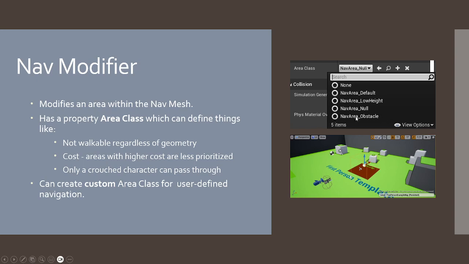Kapag obstacle, sa pagkalam ko, if there is no other way except through this nav area obstacle, it will actually try to go through that obstacle. Kapag walang way talaga. And you have default and null. Default is the usual. Null, talagang, I think, wala siya. Oh, you can always try it out. So you can create custom area classes for user-defined navigation. Pwede kang gumawa ng sarili mo.